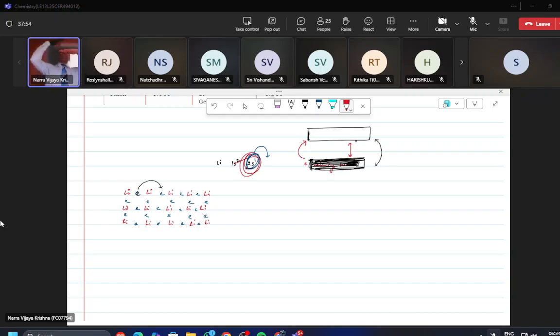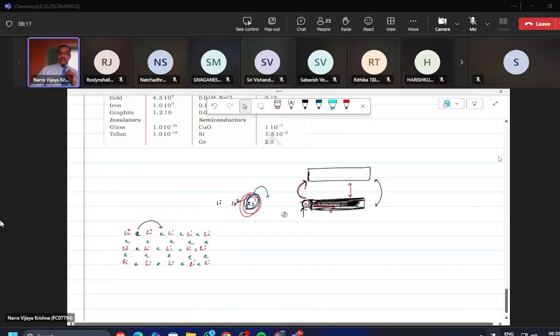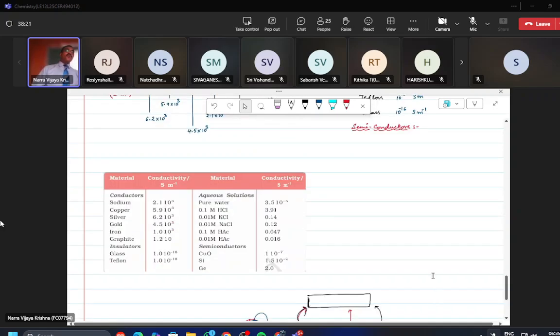If the gap is moderate and I give energy from outside to that electron, then this electron can jump from here to here easily. How do I provide that energy? By heating. Correct? That's why semiconductors show electrical conductance on heating.